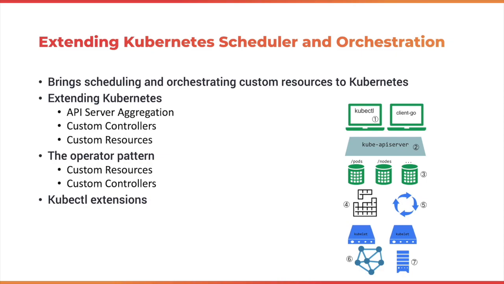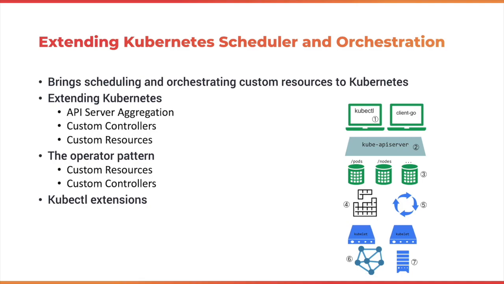Now, that brings in the operator level activity and mechanism to make sure that the entire life cycle of an external resource is managed efficiently. And this can be further taken to the CLI through kubectl extensions.